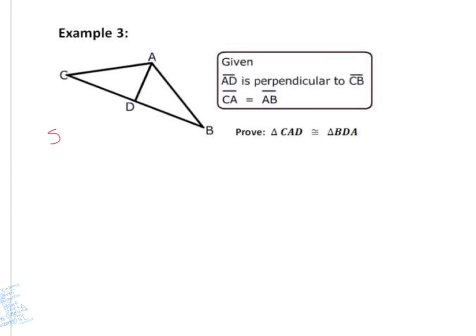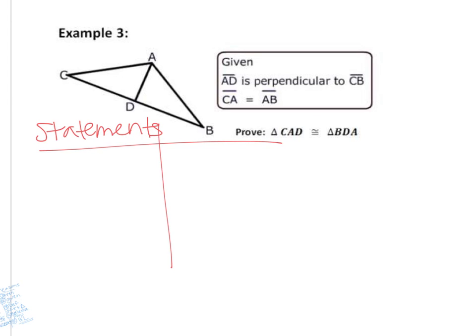So here I know that, let me get my statements, and my reasons go in here. All right, so if I look, I'm given AD is perpendicular to CB. Anytime you have perpendicular or something that's going to have right angles, you have to check and see: is it going to be HL?